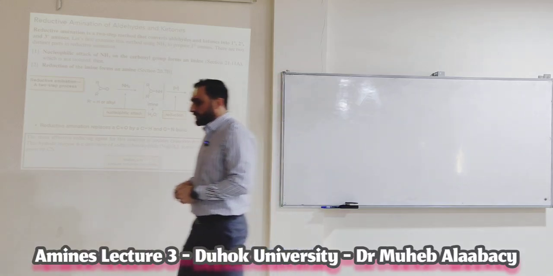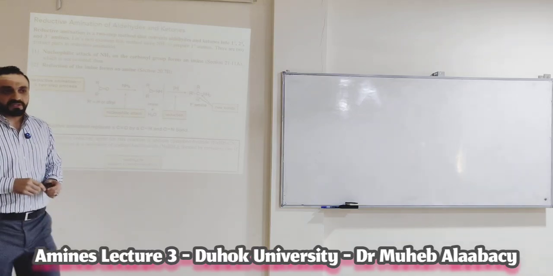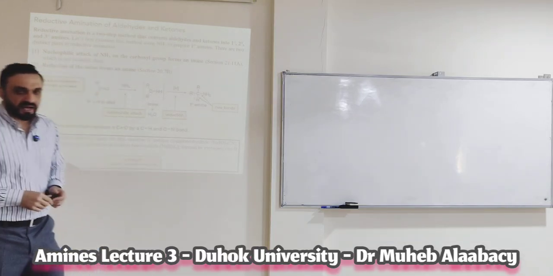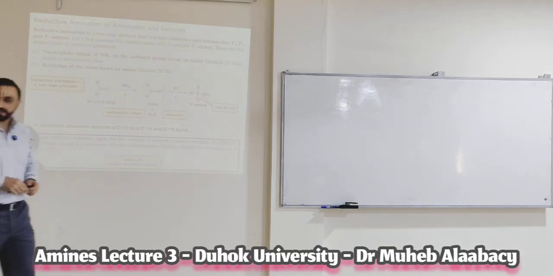Step number one is the nucleophilic attack of NH3, because we test our procedure now with ammonia, on the carbonyl group. Why carbonyl group? Because we talk about aldehydes and ketones. The carbonyl compound, aldehyde or ketone, forms an imine.